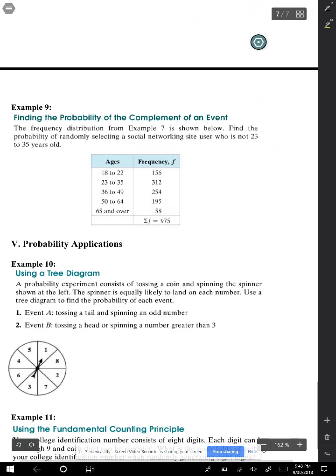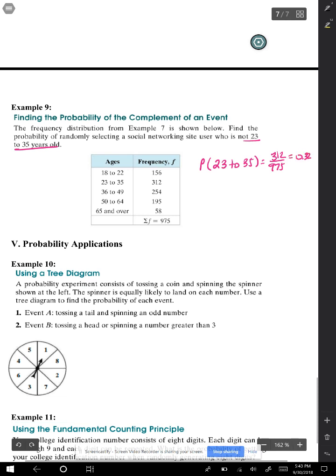So on example 9, it gives us the frequency distribution that we talked about earlier with the ages. And it says, find the probability of randomly selecting a social networking site user who is not 23 to 35 years old. So when we're looking at this, we did the probability that they were 23 to 35 earlier. And we got that that was 312 out of 975, which was 0.32.